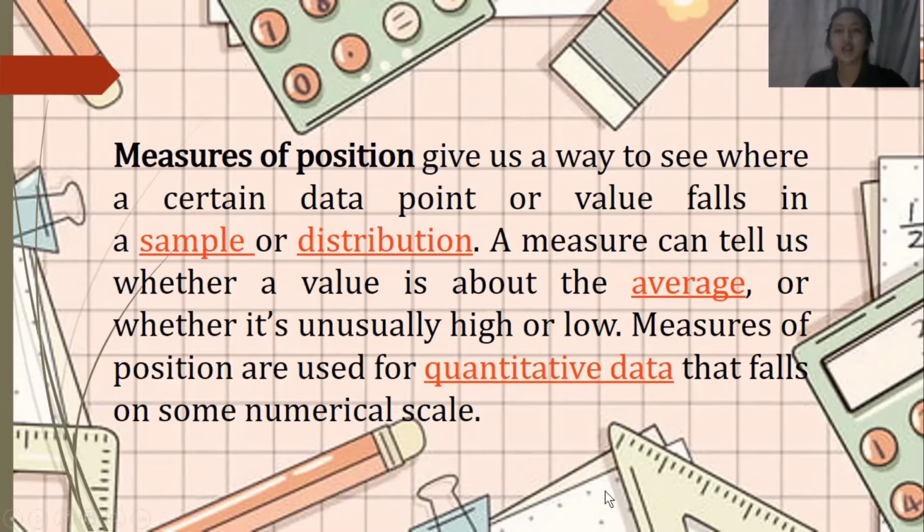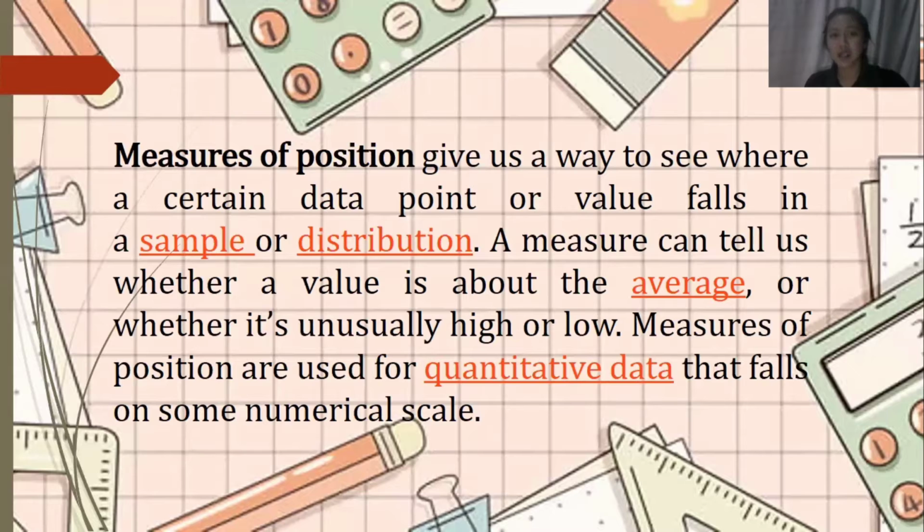On the presentation, it says that the measure can tell us whether a value is about the average or whether it's unusually high or low. Measures of position give a range where a certain percentage of the data falls. The measures we consider here are quartile, decile, and percentile.